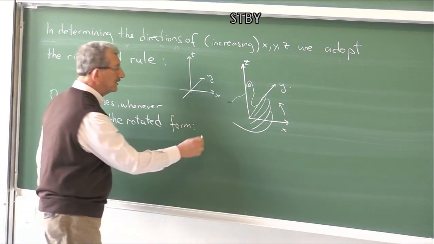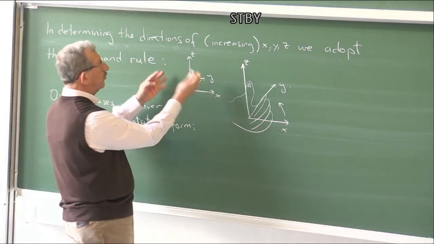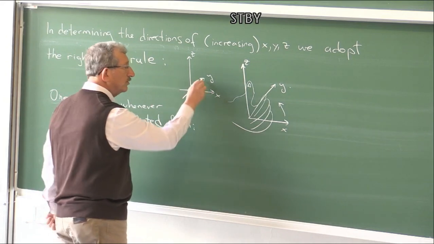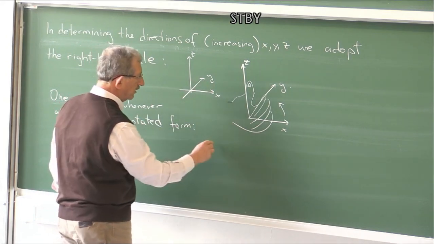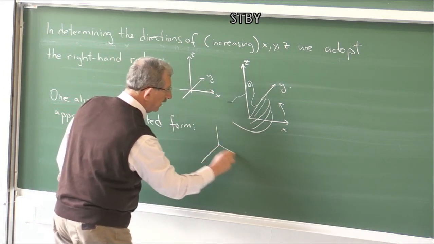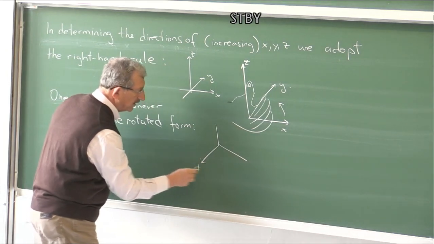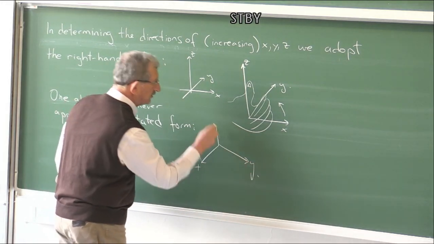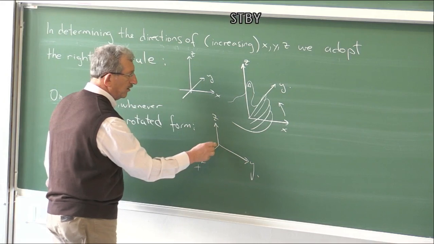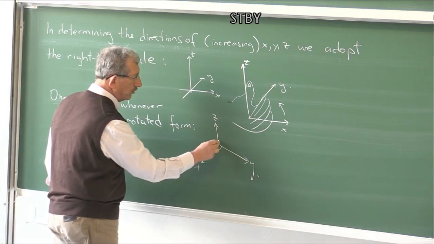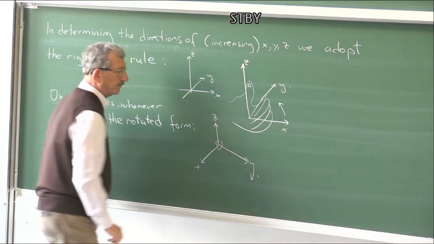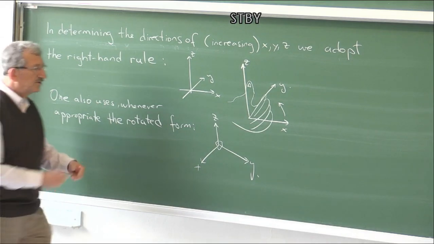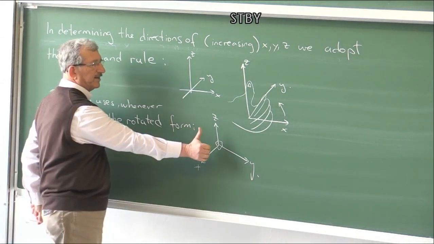That means we can rotate it without changing the order and get something as follows. This is the x-axis, this is the y-axis, this is the z-axis. Of course, all are perpendicular. Now, this still obeys the right-hand rule.